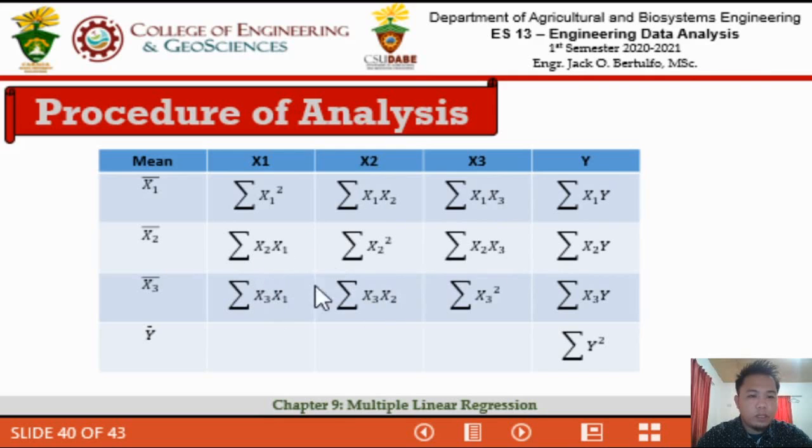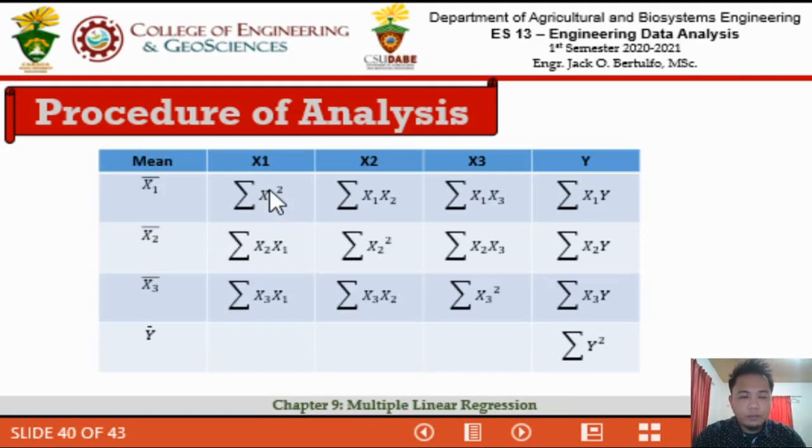So therefore, do not include these; you will include this in your solving for beta. For the solution, to calculate these values, only the triangle ones. Only the triangle, class. Okay?